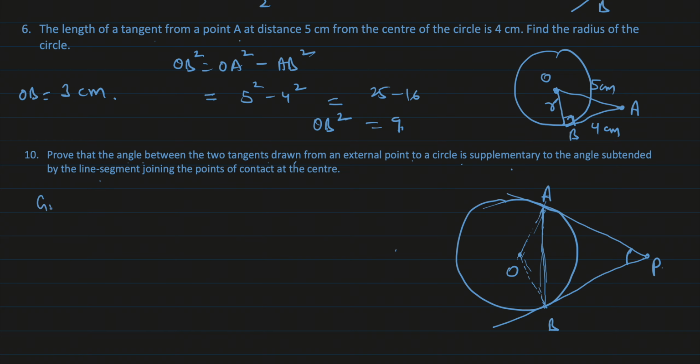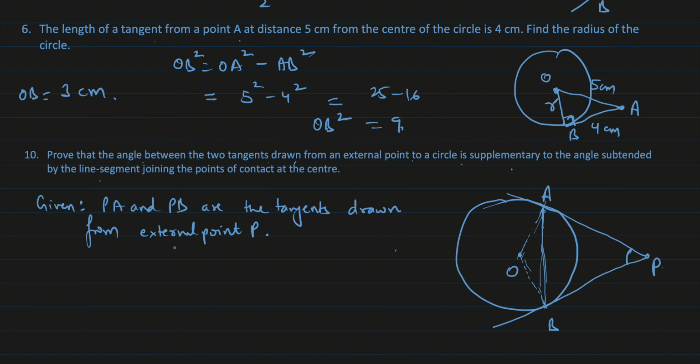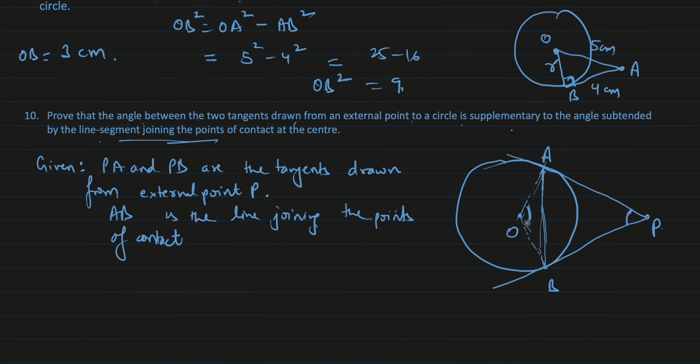So let me just write what is given to us. Given is that PA and PB are the tangents drawn from external point P. Now AB is the line segment joining the points of contact, and this is making an angle AOB at the center.